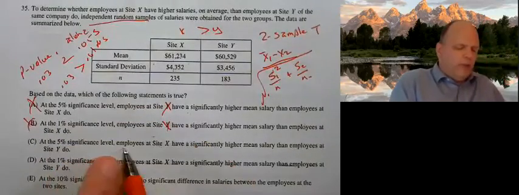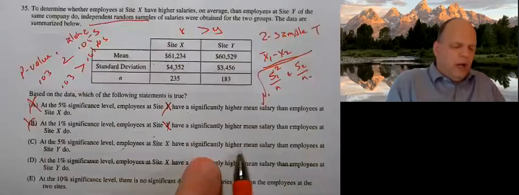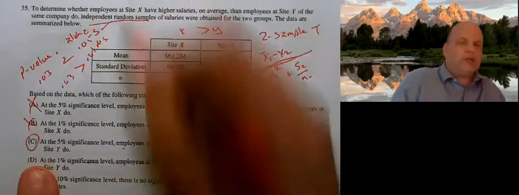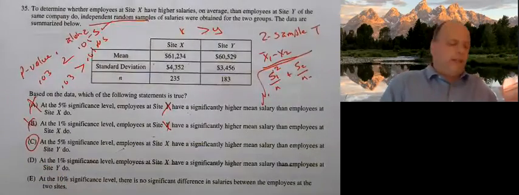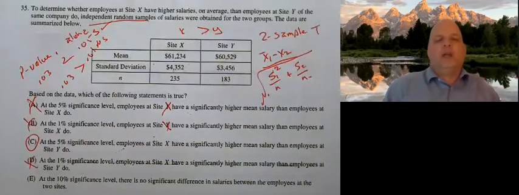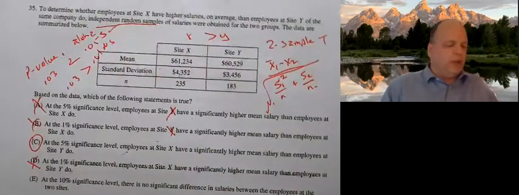At the 5% level, site X have a significantly higher mean salary than those at site Y. This is true. We know that's true because it's significant at that. At the 1%, have a significantly higher than site Y. No, it's not significant at the 1%. It was significant at the 0.05. All right.